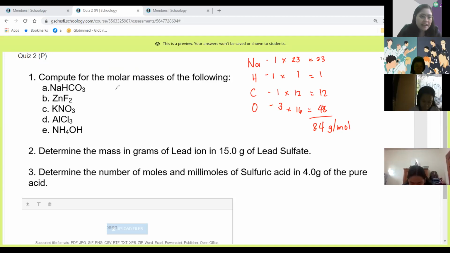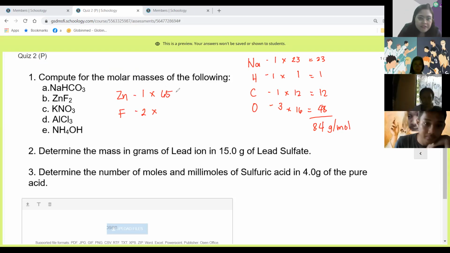Now for the second compound, you have zinc fluoride. So you only have 2 elements here, zinc and fluorine. So you have 1 atom of zinc and you have 2 atoms of fluorine. What is the atomic weight of zinc? The round is 65. Okay.